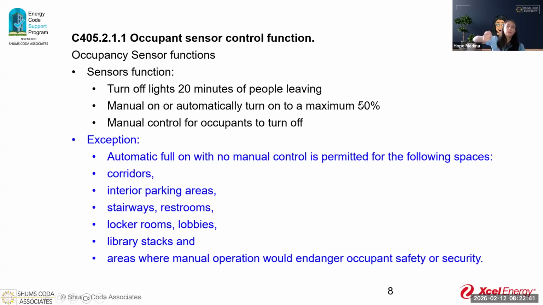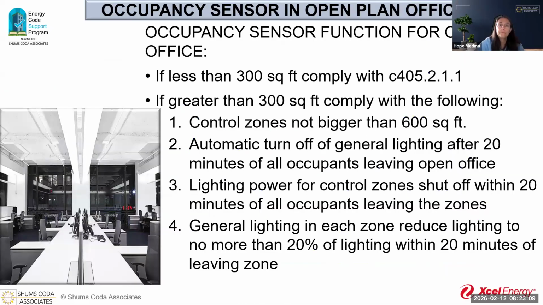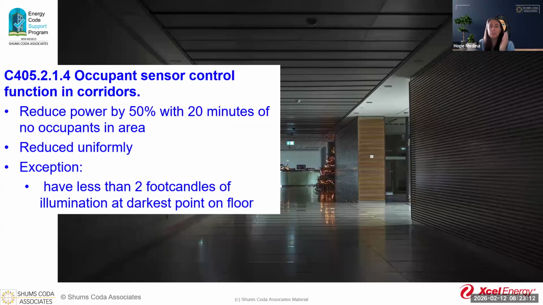As long as it was like a flip switch, right? We'll just say a flip switch because I'm old. And you flipped it on, that would be considered that it can go to that 50% situation. But in this instance for section 405.2.1.1, they're not talking about a manual dimmer, because we're going to take care of that out of a different section. I hope that answers the question. If not, reach back out. I love questions.